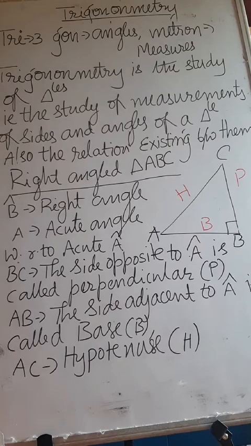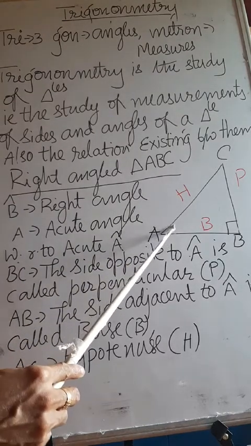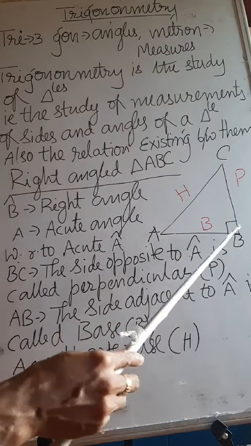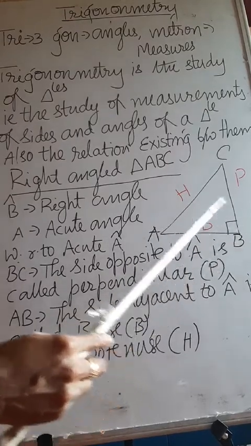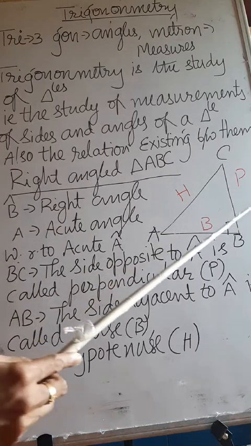Understood? With respect to acute angle A, AB is the adjacent side. That adjacent side is called the base.